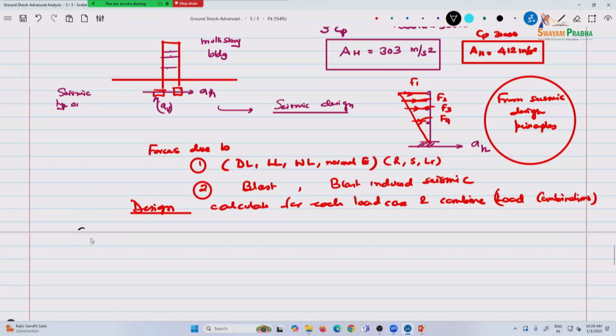Then the last step is the direct induced ground motion.